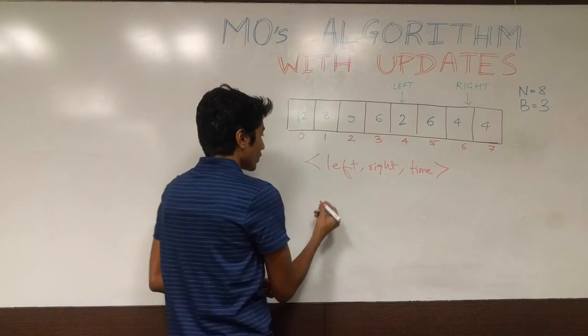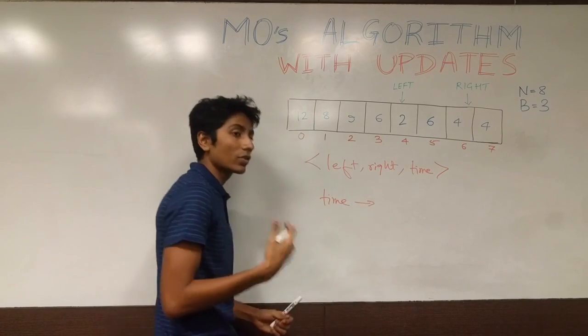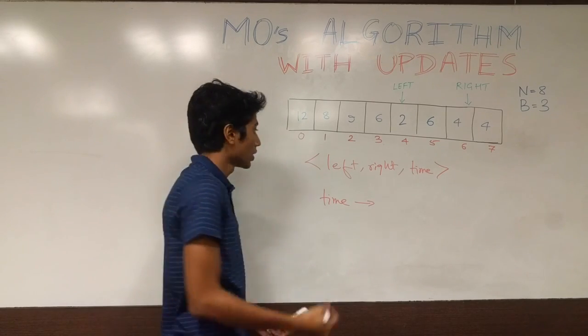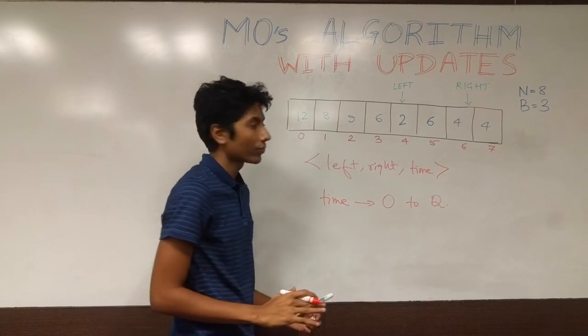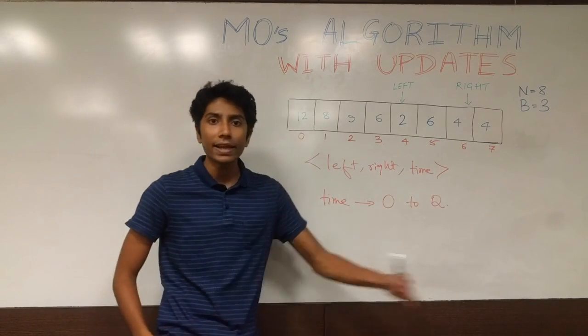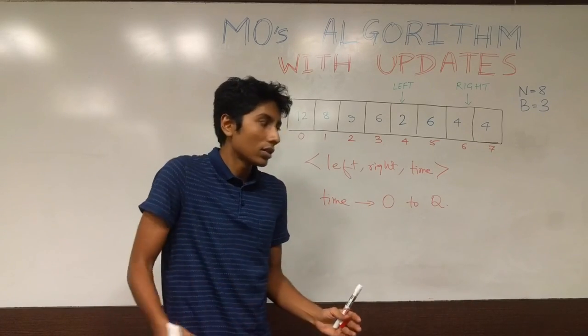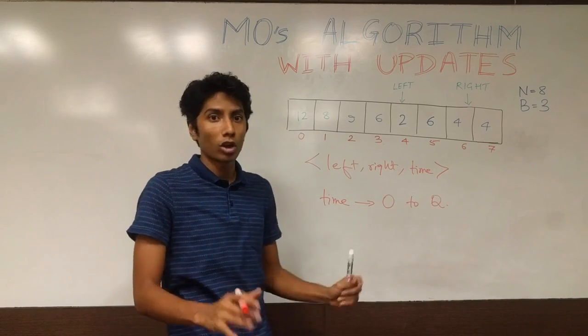So time essentially means what is the index of the query, how many updates have happened before this query has come to us. So that could be from 0 to q. Alright, time has free reign except that it has to increase, just like the right pointer had to do. It had free reign but it could only increase per block.